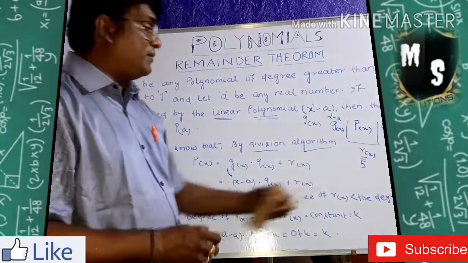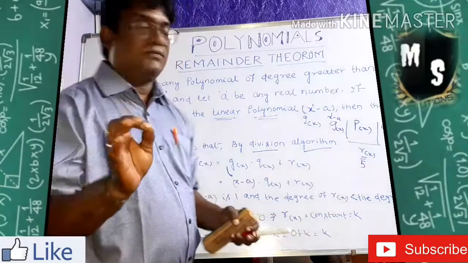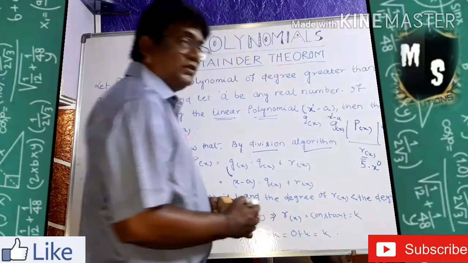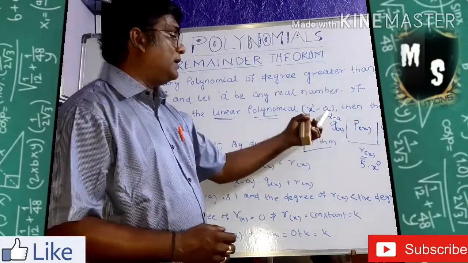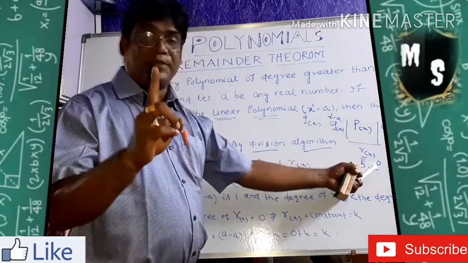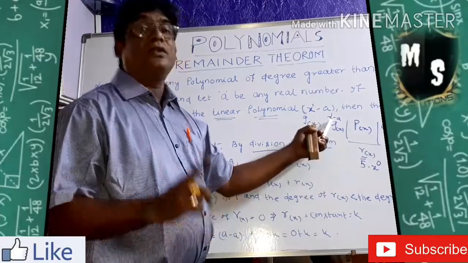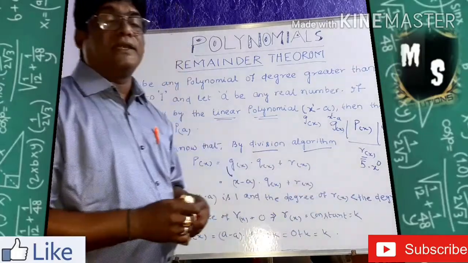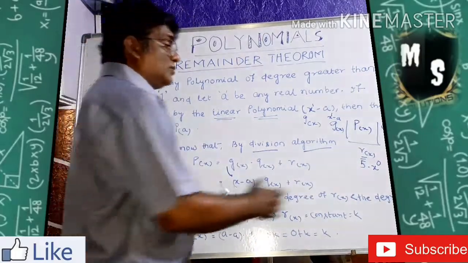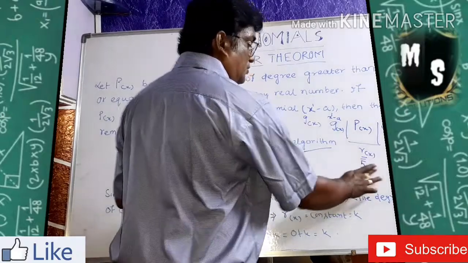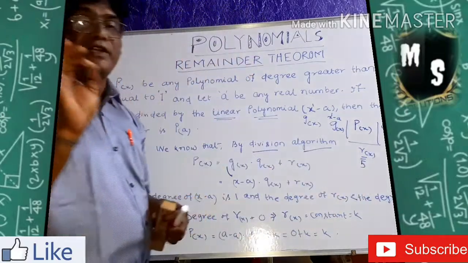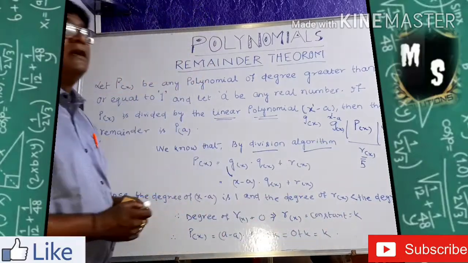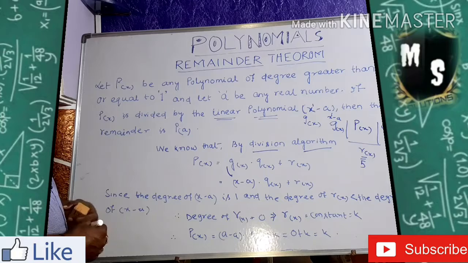So 5 is a number, 5 is a constant. But of which degree? Of 0 degree, because I cannot write x to the power 0 here, but here it is x to the power 1. So the remainder degree must be less than the degree of the divisor. Divisor degree is 1, remainder degree is 0. If the remainder degree is 0, then we should not write it, because x to the power 0 is 1. What you are getting is a pure number. That is, it is written here, rx is equal to a constant, let it be k. Understood? So what can I write?